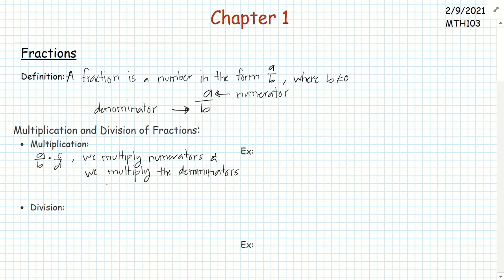So we will have a over b times c over d equals a times c over b times d. So we're kind of multiplying across.